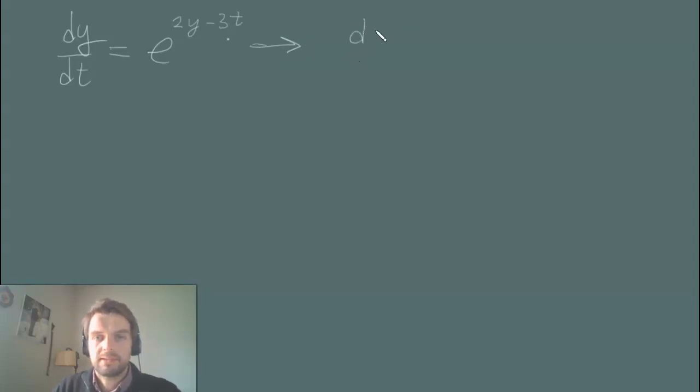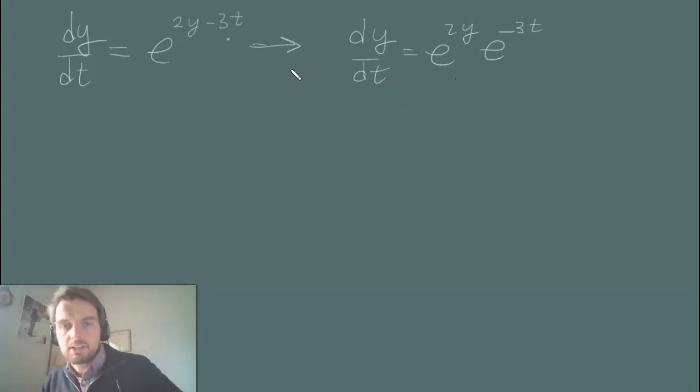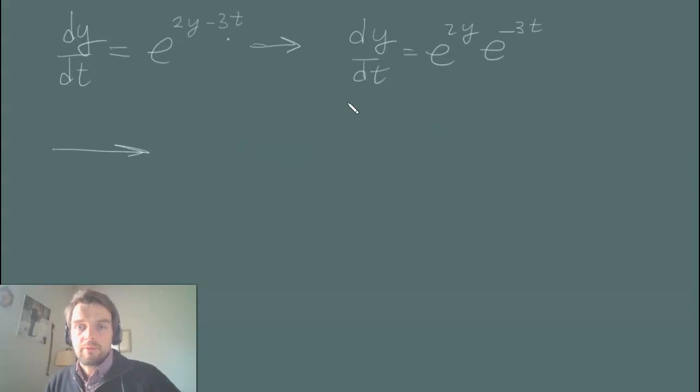So let's rewrite that as dy/dt is equal to e to the 2y times e to the negative 3t. Using the rules of exponents, this is a nice way of writing it out. So that's helpful then. If we want to write this on separate sides, we can take everything with a y to the left by dividing.